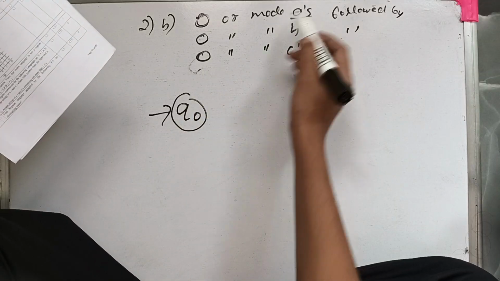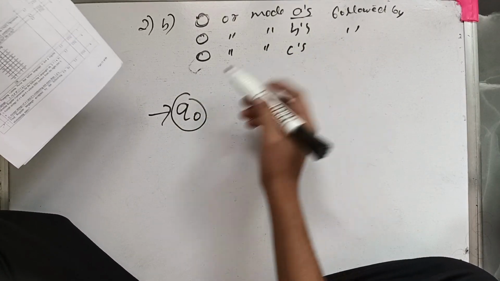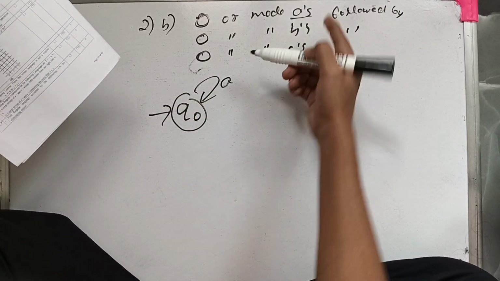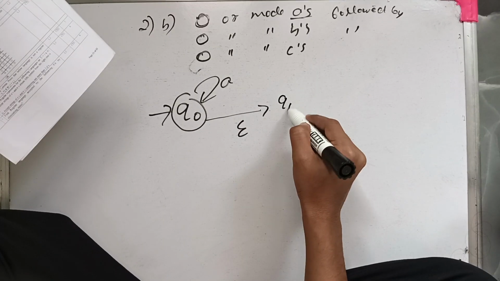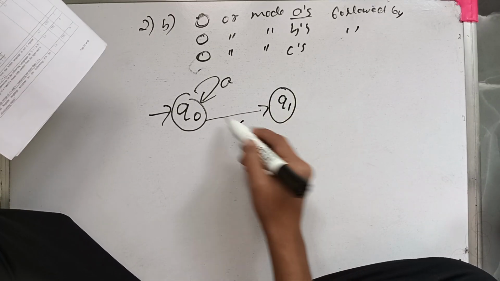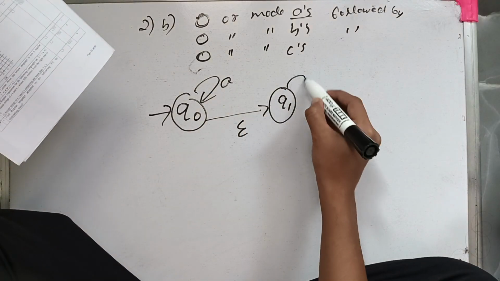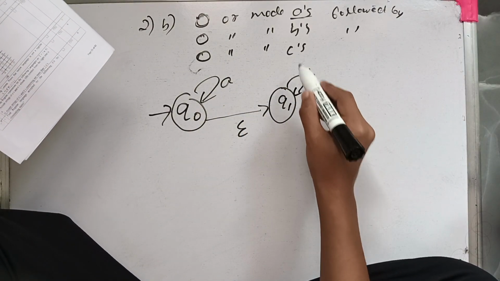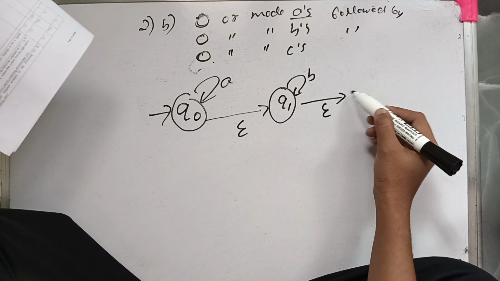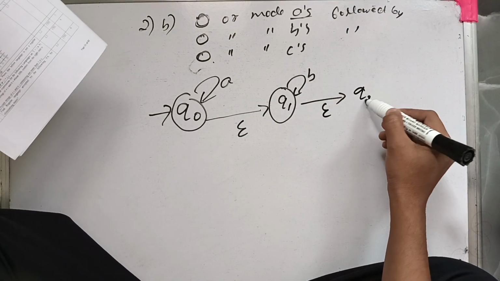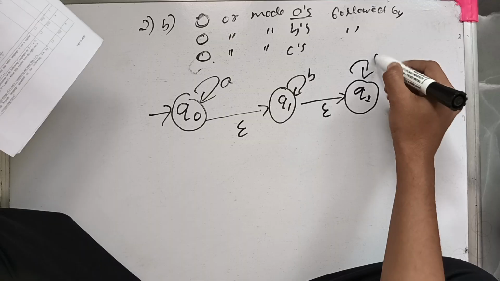Then I need to accept a number of A's, one A or more A's, followed by zero, that means epsilon. Next one, epsilon means zero, and a number of B's, followed by zero, that is epsilon, and a number of C's, that is here.